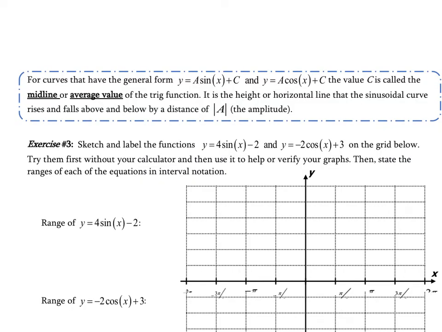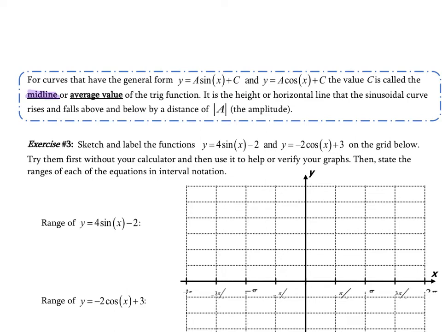On the next page, what I just explained is given to you. It is important. For curves that have the general form y equals a sine of x plus c and y equals a cosine of x plus c, the c value is called the midline or the average value. You're going to hear midline more often of the trig function.